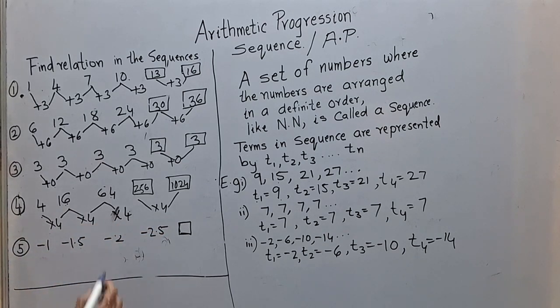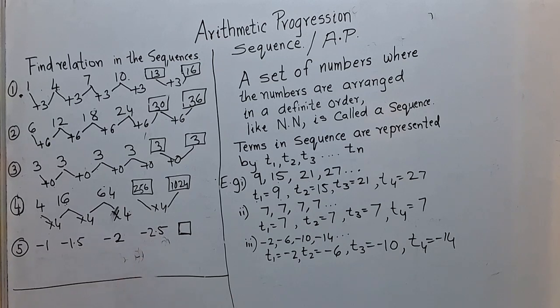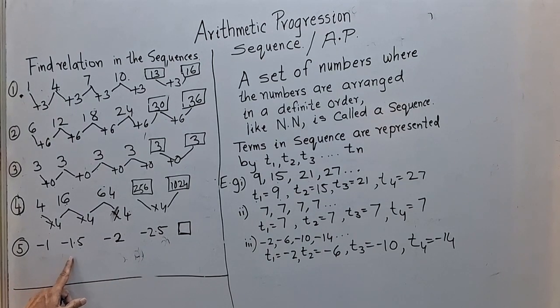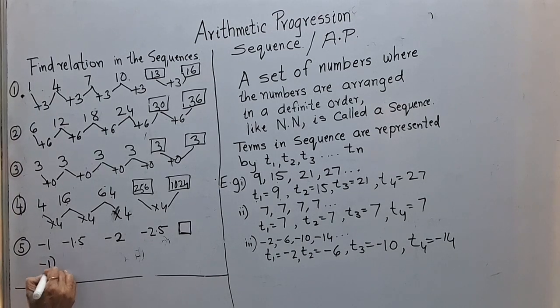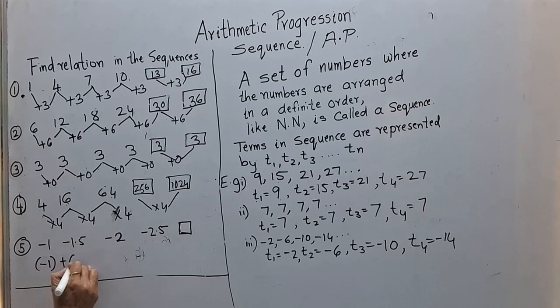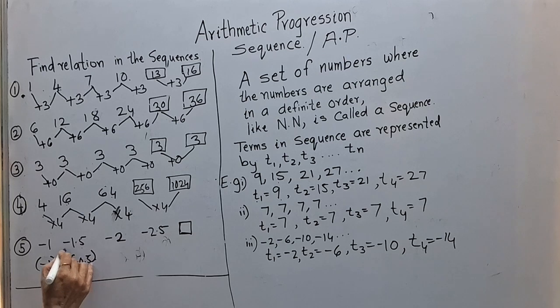Now again we try to do the next one. Yes, minus 1.5 and this. So the difference is minus 0.5. Okay, so we are going to add. For example, I will write here minus 1 plus minus 0.5. I will be getting minus 1.5.